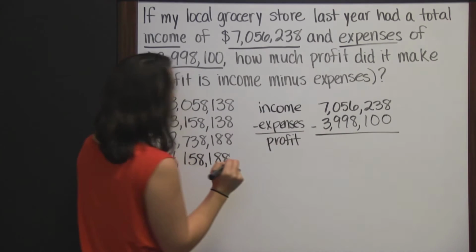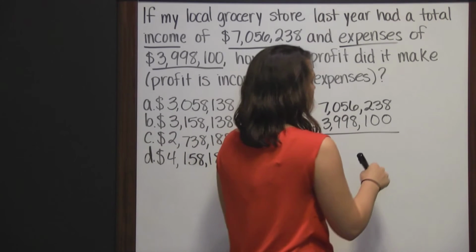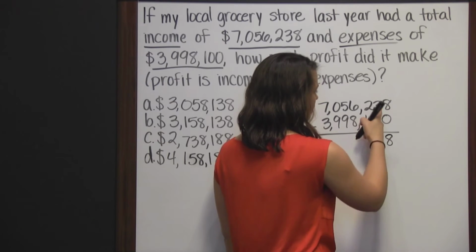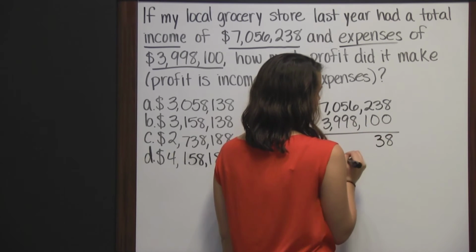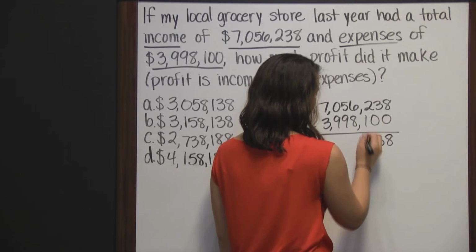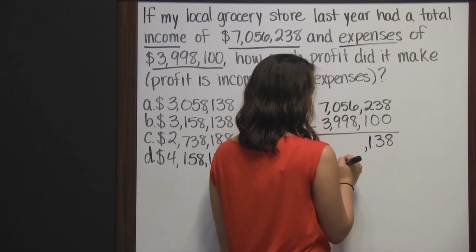And that will give me my profit. So I have 8 minus 0 is 8. 3 minus 0 is 3. 2 minus 1 is 1. I'll just bring that comma down.